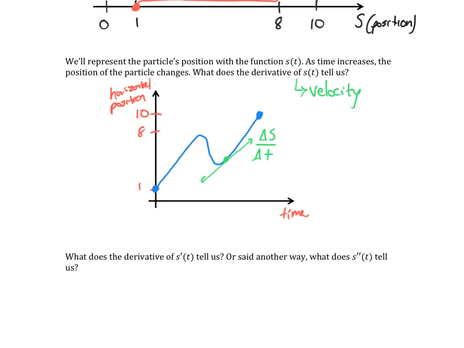Velocity is how far you've gone in a given amount of time. If you think about a car going 60 miles per hour, it represents how far you've gone, miles, over hours, how long it's taking you to do that. So if I'm representing my tangent line with a change in position over some change in time, that's going to be represented via velocity.